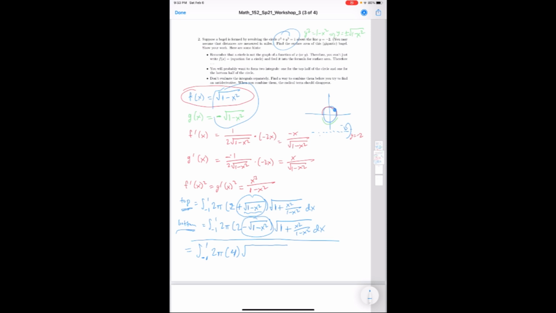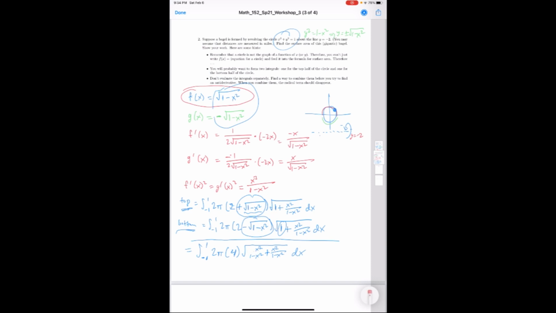And I'm going to simplify this expression just a little bit. So this is going to be 1 minus x squared over 1 minus x squared, in other words, just me rewriting this 1, and then plus x squared over 1 minus x squared. The reason I did that, of course, is because I'm getting this cancellation. The negative x squared and positive x squared cancel each other out.